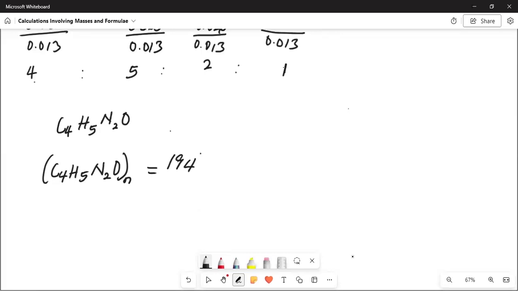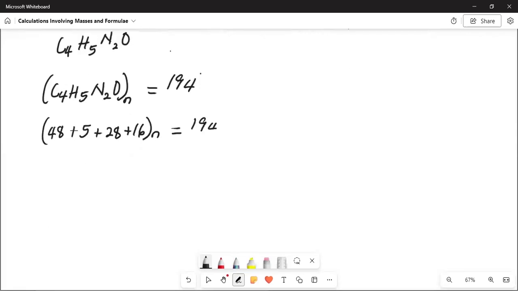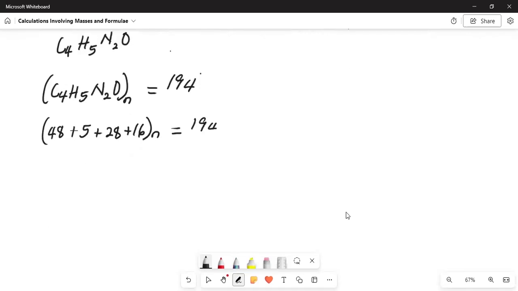Carbon is 12, but you have 4 atoms of carbon here. That is 12 times 4, which is 48, plus hydrogen is 1, times the 5 atoms, that is 5. Nitrogen is 14, 14 times 2 is 28, then oxygen is 16, and multiplied by N equal to 194. Adding all this together, 48 plus 5 plus 28 plus 16, 97.